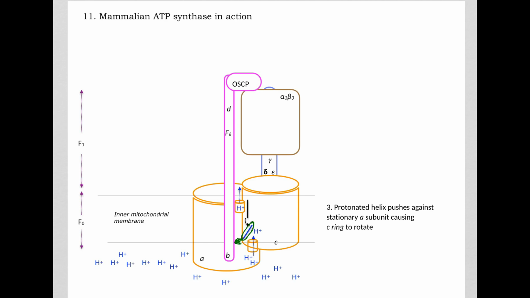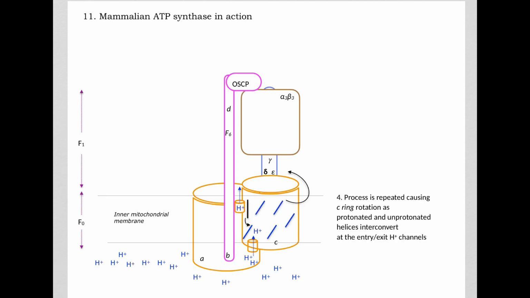And when it pushes against the A subunit, this is going to cause the C ring to move a little bit. Okay, so there's a slight rotation of the C ring as the helix changes from this shape to this shape and causes pushing against the A subunit.